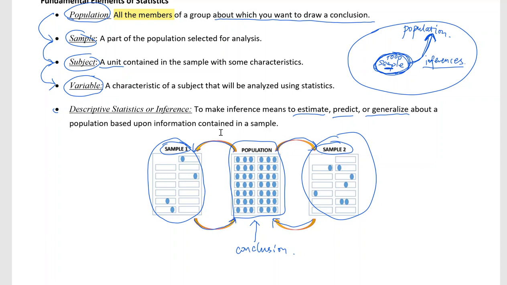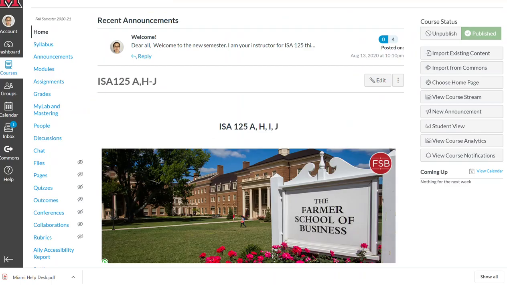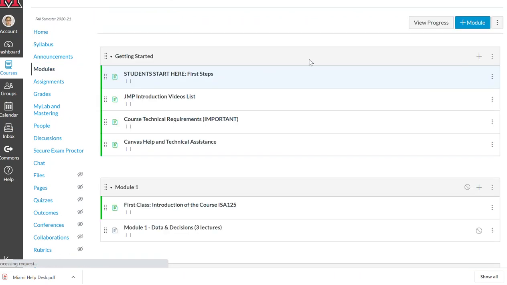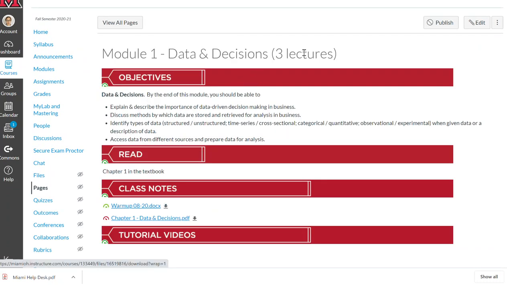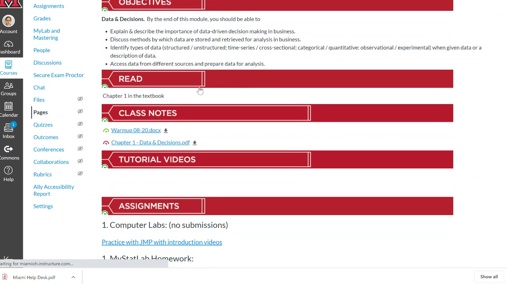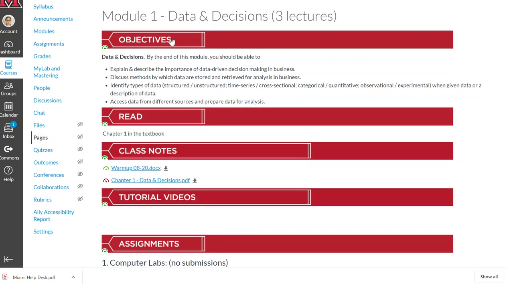I have already included several videos in Canvas. If you go to the modules, you should be able to see module 1 here. Then you will have the objectives.